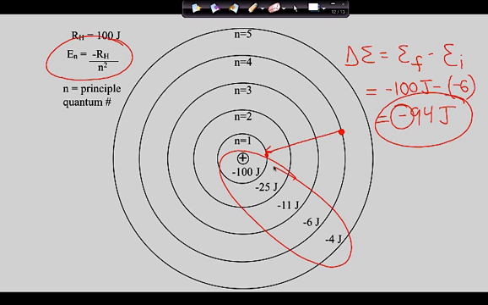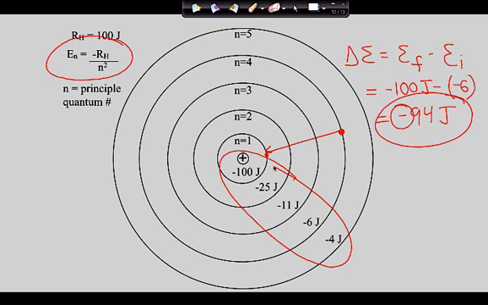The reason that they're huge is because the Rydberg constant is actually not 100 joules. I use the number 100 because if I showed you the actual value for the Rydberg constant, your brains would have got so focused on that number that you wouldn't have been able to figure out the math.